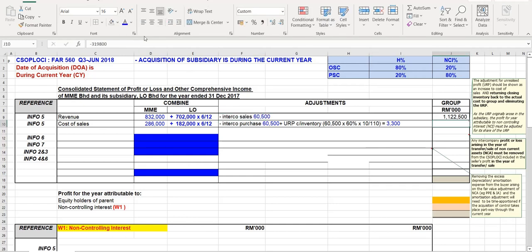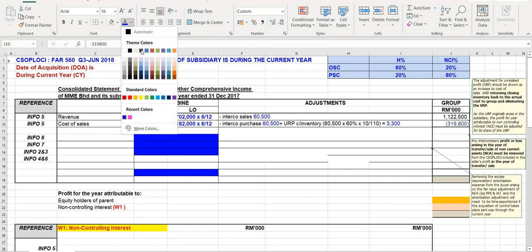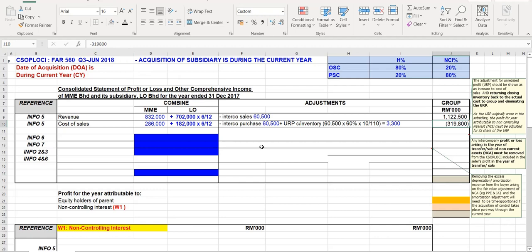So that will give you the cost of sale adjusted figure, and that adjusted figure is 319,800, which is actually 319.8 million, right? So you have your cost of sales now. This is your cost of sales, and now you have your gross profit. Next is to focus on the next item, which was other income.